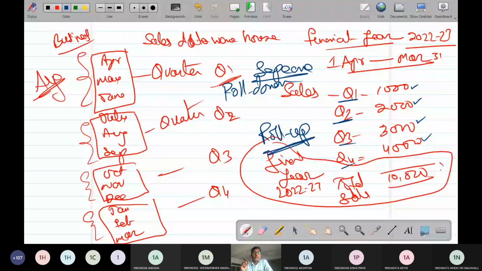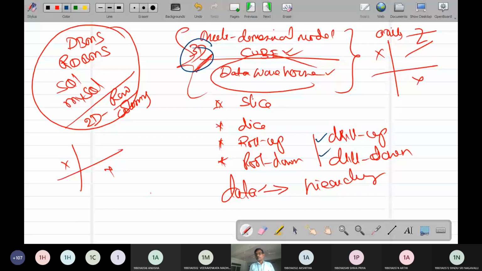So these are the primitive items in this multi-dimensional model. Fine. We were aware now that the multi-dimensional view is going to be a 3-dimensional view. It has x-axis, y-axis and z-axis. So we call it a 3-dimensional view, and the best way is to represent the data warehouse data in cube format.